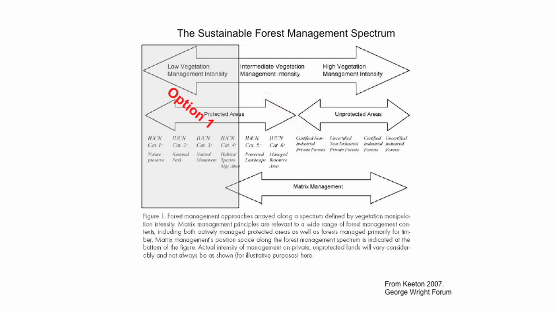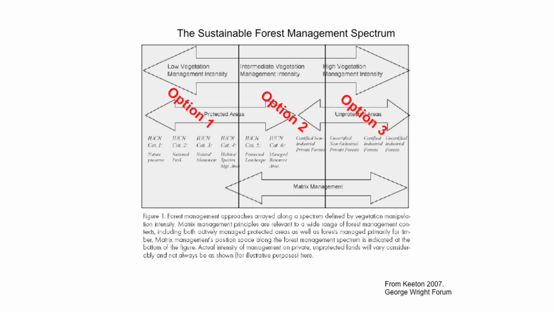We've got option two here in the middle, in this kind of sustainably managed forest, certified forest, middle ground. And then we've got option three over here at this industrial forestry, active management end of the spectrum.